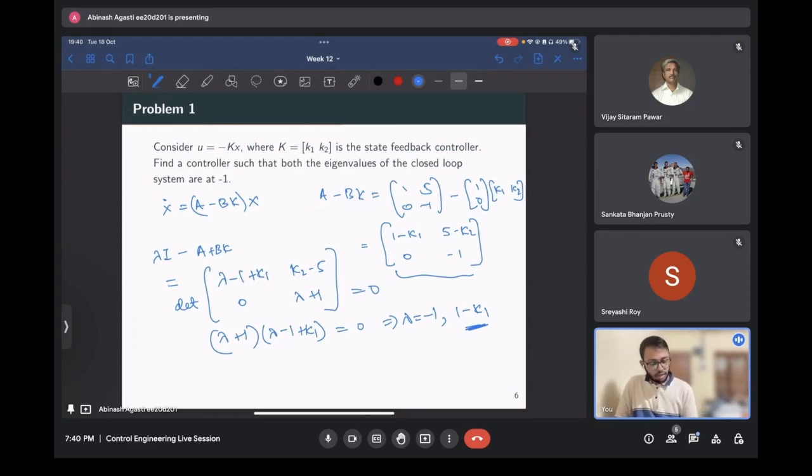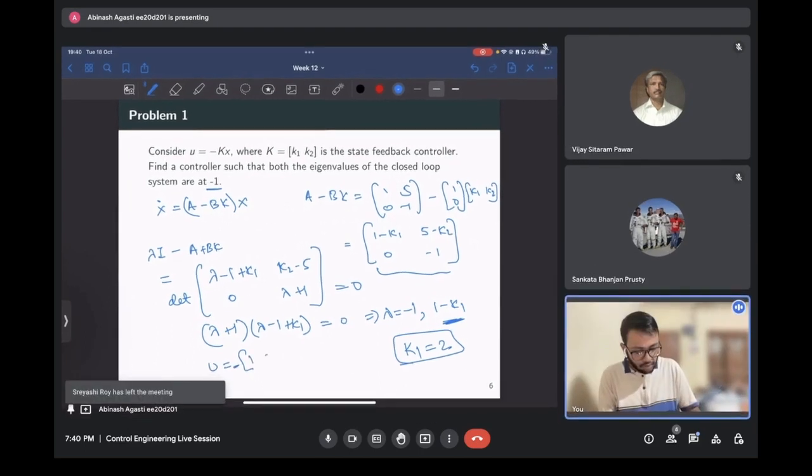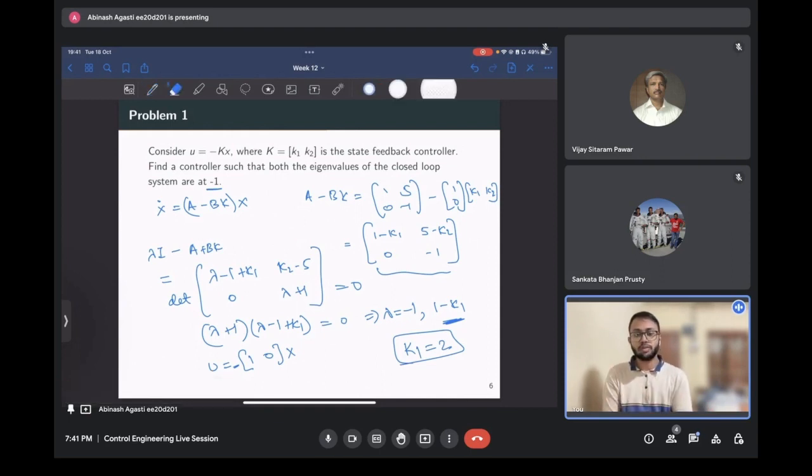Now we want both the eigenvalues of the closed loop system to be at -1. So clearly we can choose k1 equal to 2 and k2 can be anything arbitrary. We can just put it at 0. So the desired controller is -10x. This will put the closed loop eigenvalues both at -1.